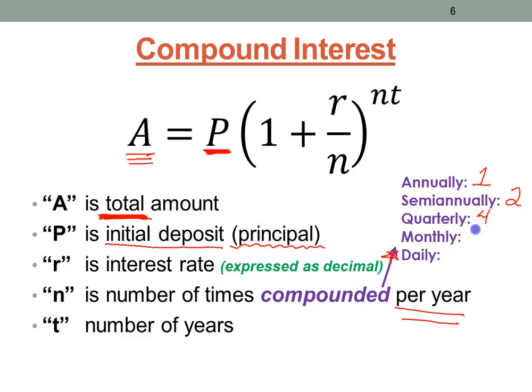Monthly, compounding 12. Daily, don't worry about leap years. Daily, we'd be compounding 365 times per year. So that N is going to change each question depending on what words you see. But this is the equation that we're going to use when we're talking about interest and we're talking about money.